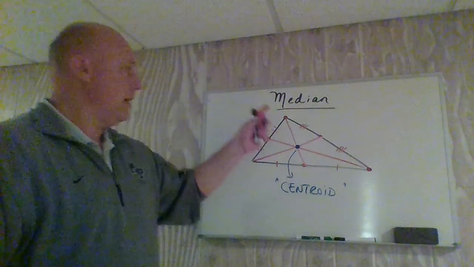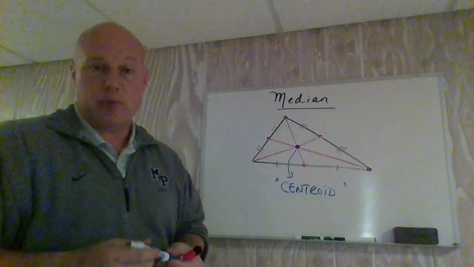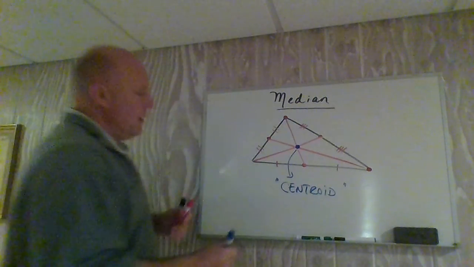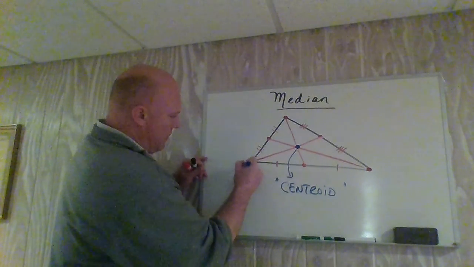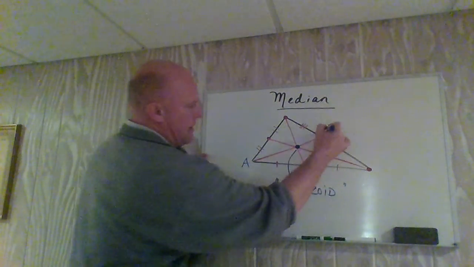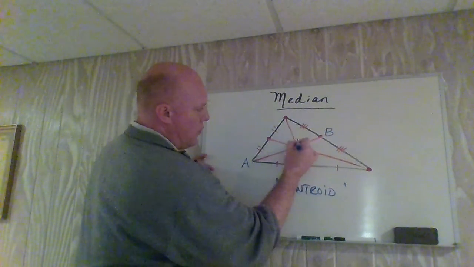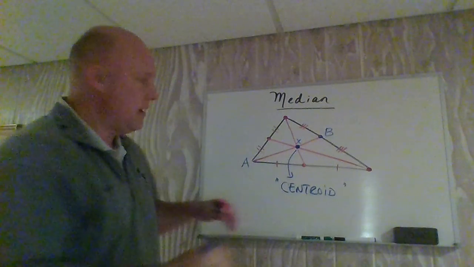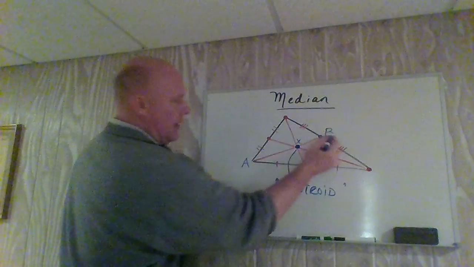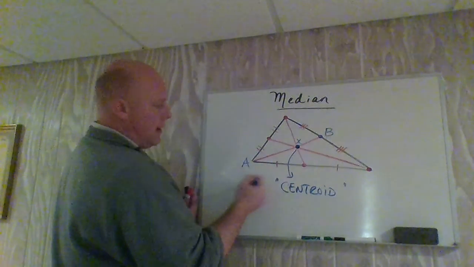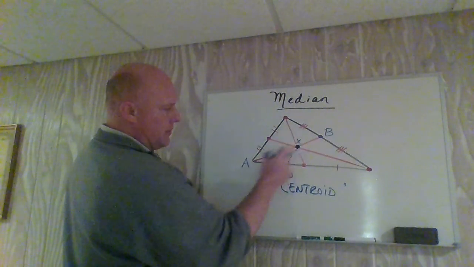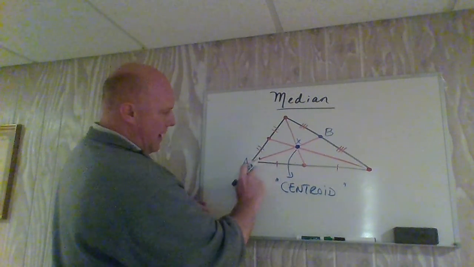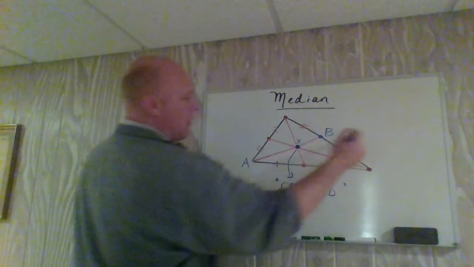Now, something unique about a median, and you had example problems on this. If I called this A and B, and this point X, the centroid, was point X, what we notice in a median is that AB, the length of AB, separates into two pieces. Well, AX would be 1/3.